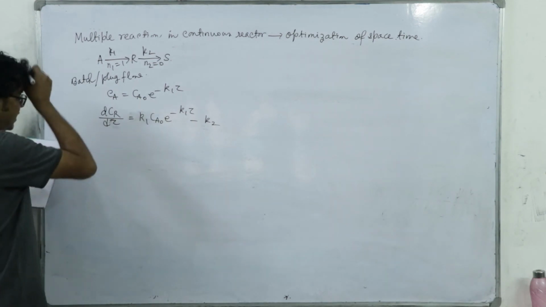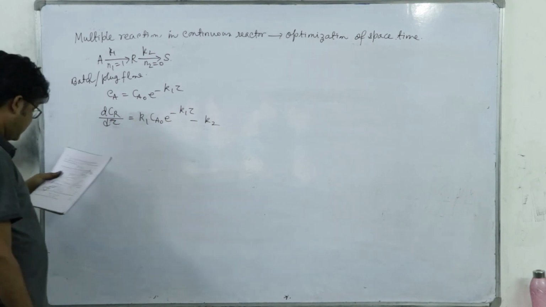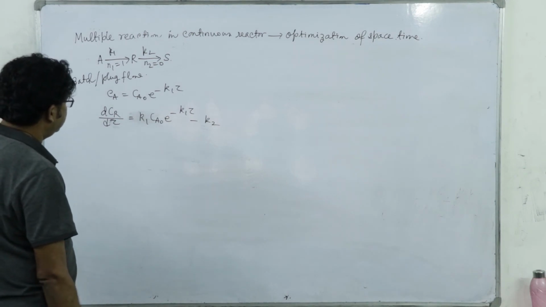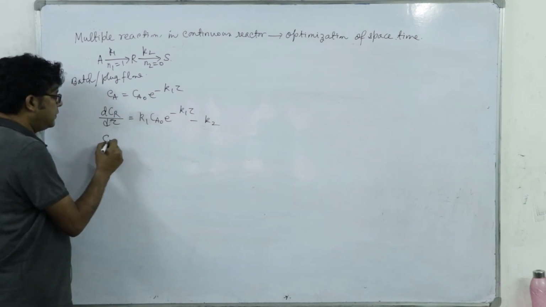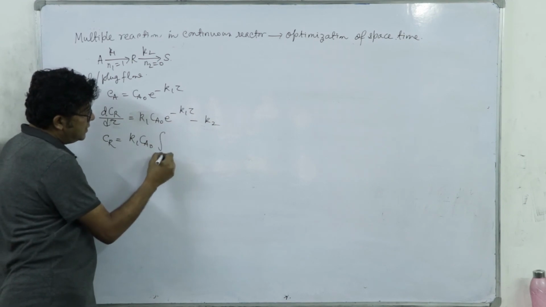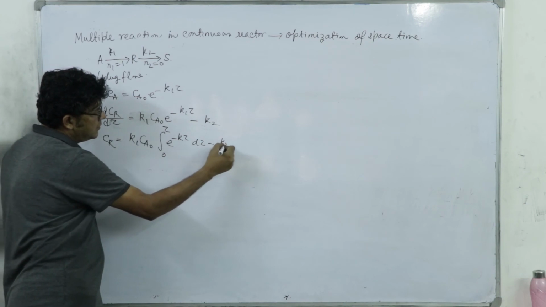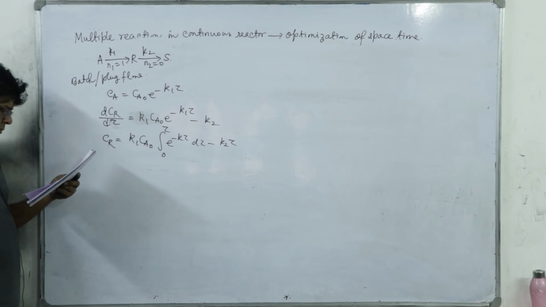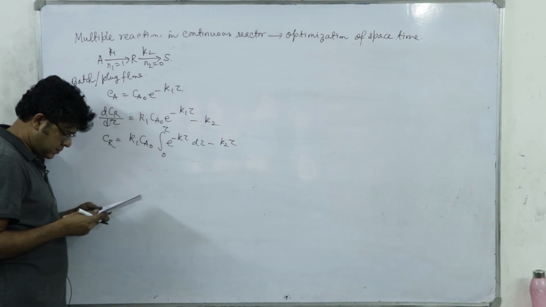So if you simply solve this equation upon integrating it, Cr is equal to k1 Ca naught integral 0 to tau e to the power minus k1 tau d tau minus k2 tau.